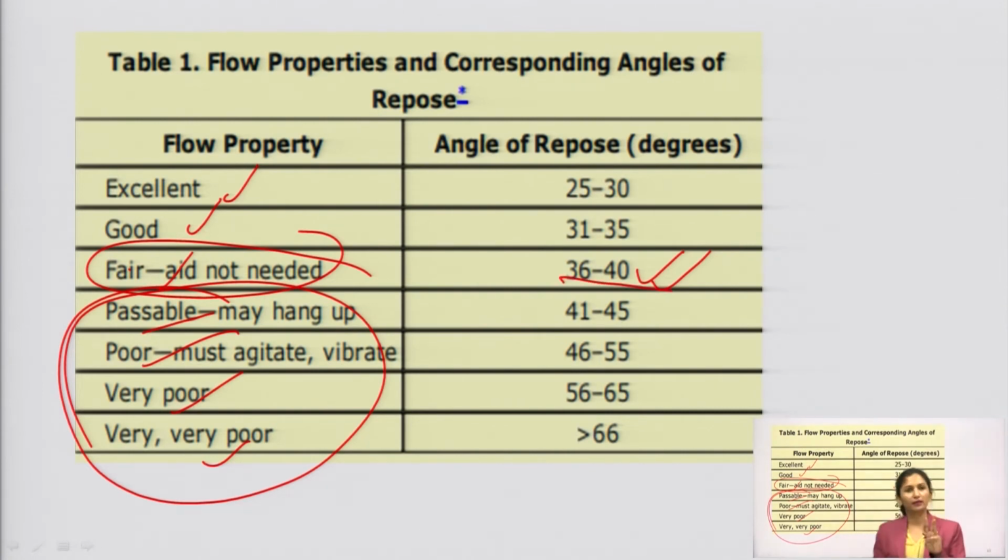There are 3 methods to determine powder flow property: Carr's compressibility index, Hausner ratio or angle of repose. You can determine the flow property by any one of the methods, and whatever value you get in the Carr's compressibility index, you have to tally that value with the compressibility scale. Similarly for the Hausner ratio as well as for the angle of repose.